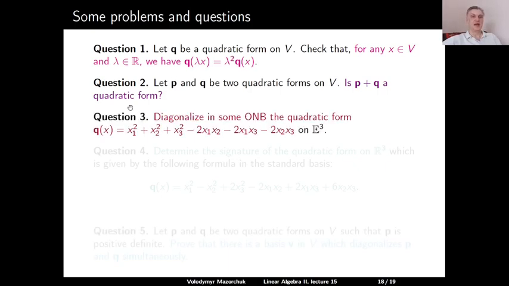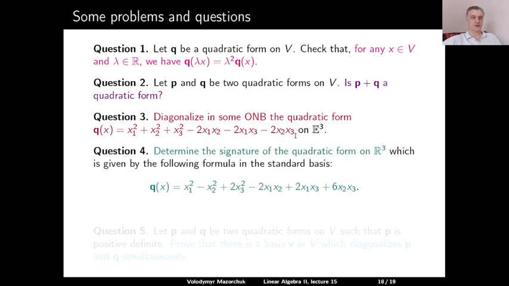Question 3. Diagonalize in some orthonormal basis the quadratic form Q of x given in the standard basis of E3 by the expression x1 squared plus x2 squared plus x3 squared minus 2x1x2 minus 2x1x3 minus 2x2x3. Question 4.